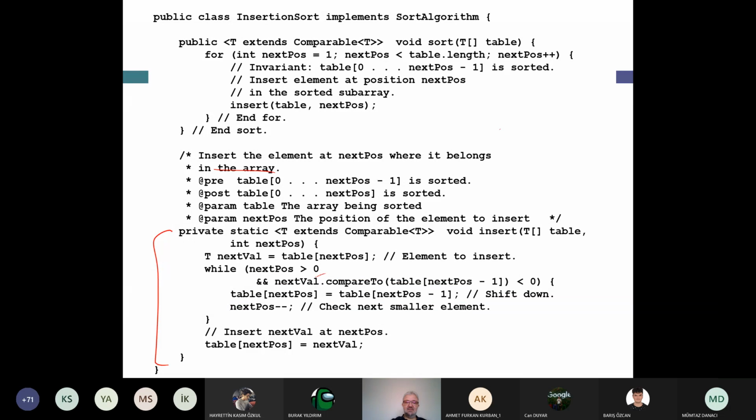Simple implementation of the algorithm. At the end of this while loop, space is opened for the next value and it is copied over there.